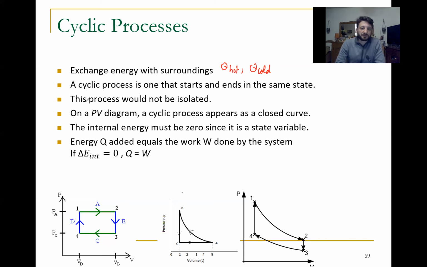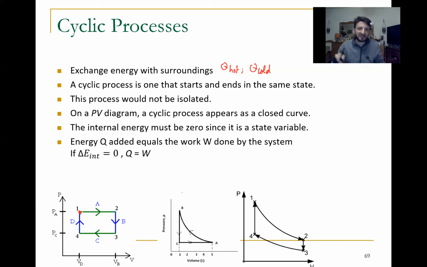Second point. In the case of a cycle, we start at a point and we have to finish at the same point. For example, if I start at point 1, I go to 2, 3, 4, 1. I come back to the same point.